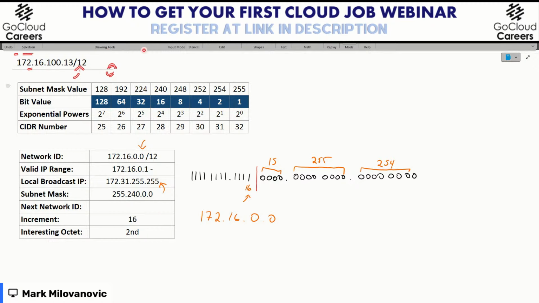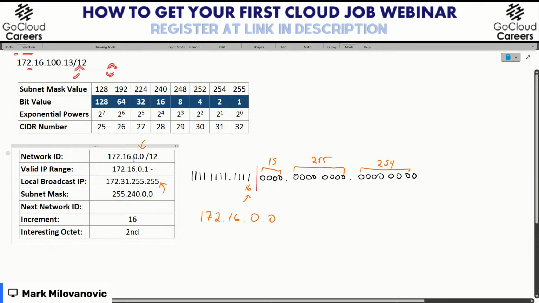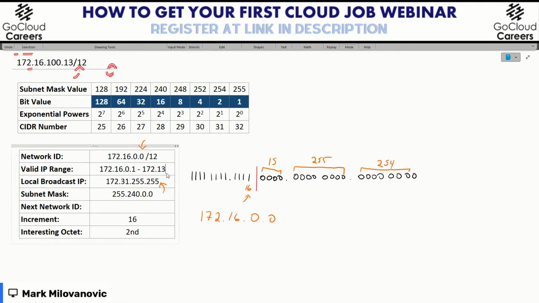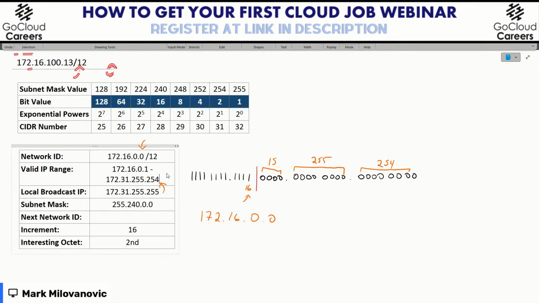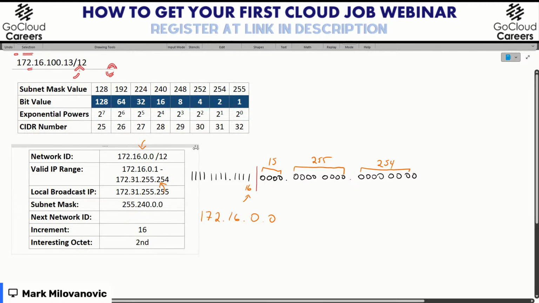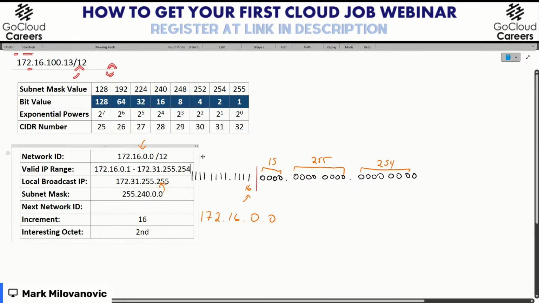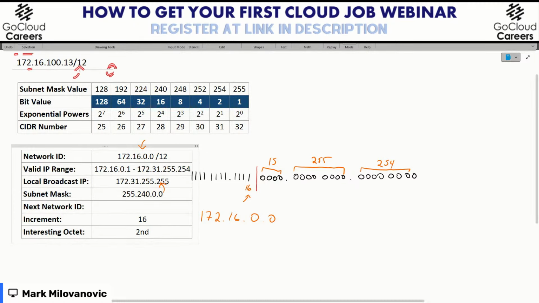So all we're doing is adding these together because that's where we turn the ones on. So my last usable address would be 172.16.31. You see, I made the mistake, I didn't add it. 31.255.254. See, even I have to be careful and not hurry.